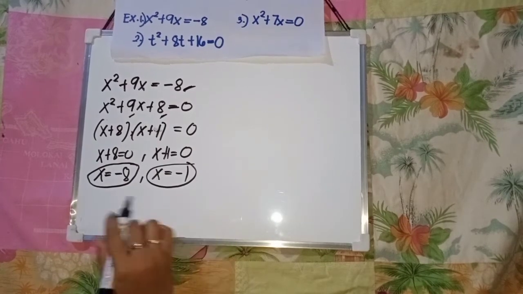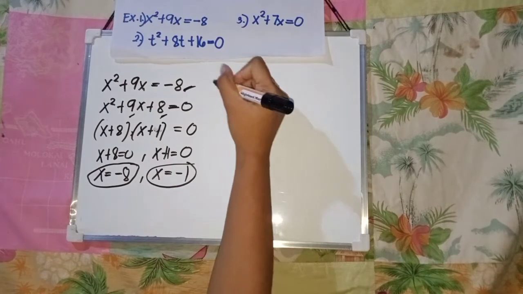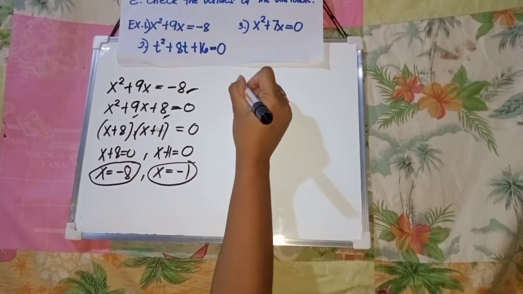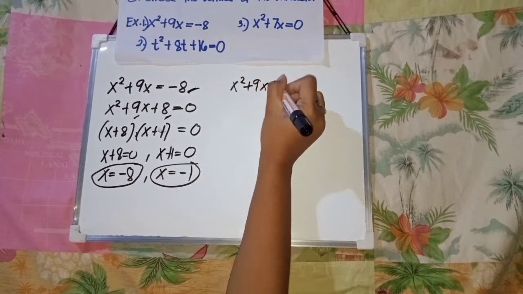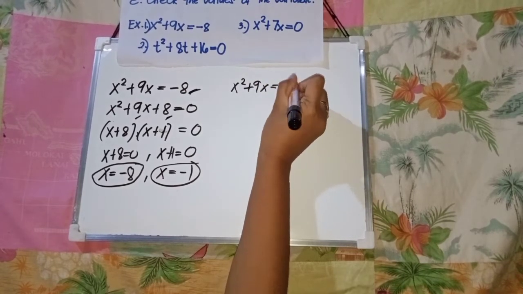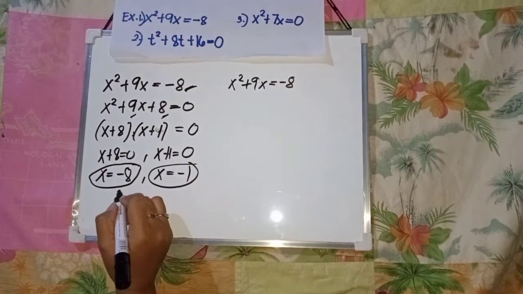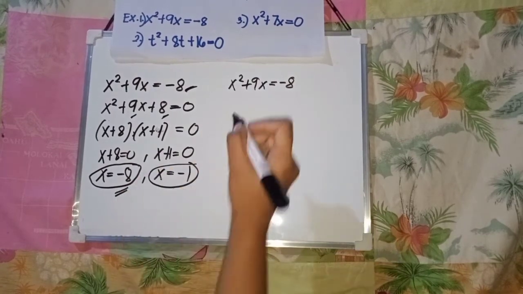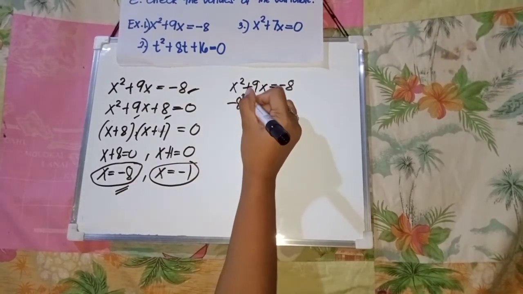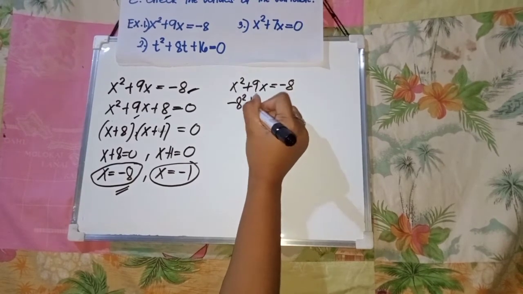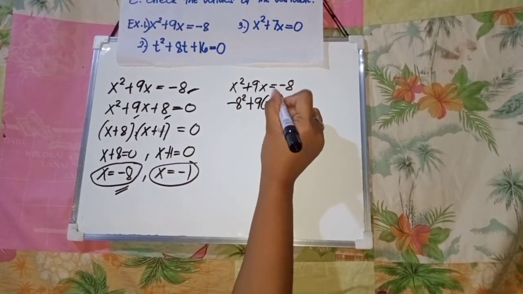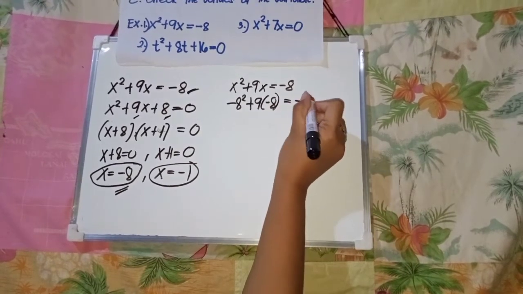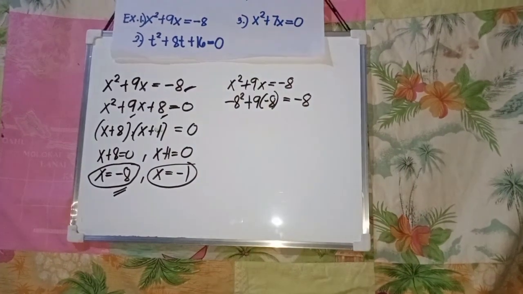First, let's use the negative 8. x squared plus 9x is equal to negative 8. So negative 8 squared plus 9 times negative 8 is equal to negative 8.